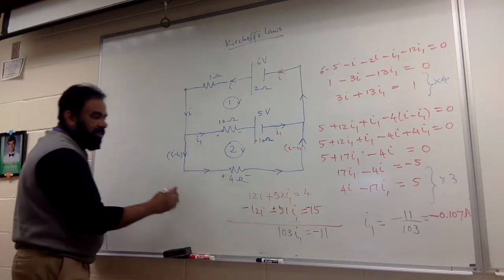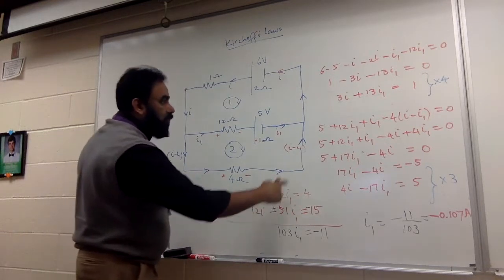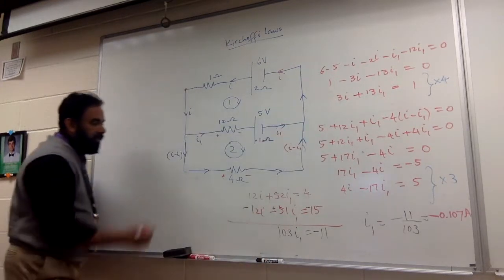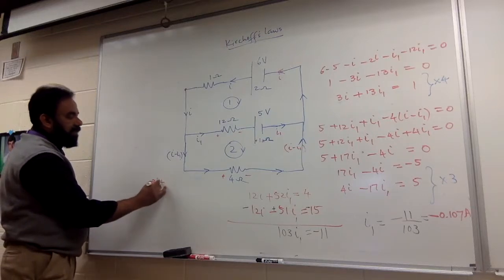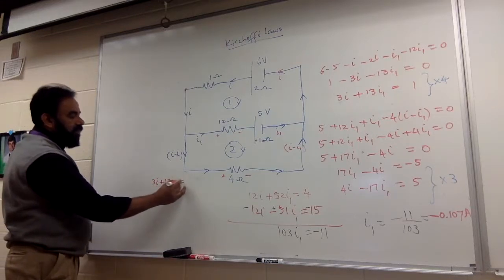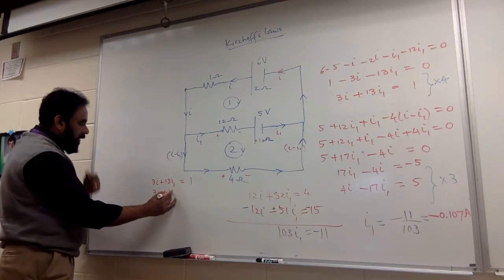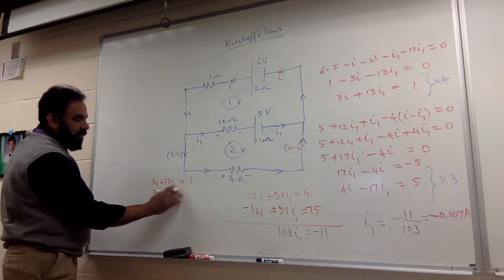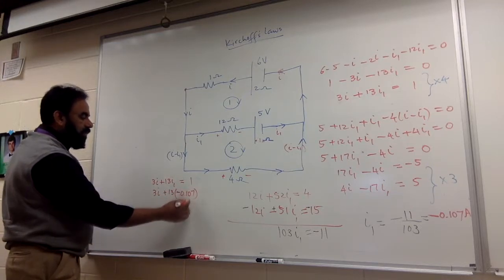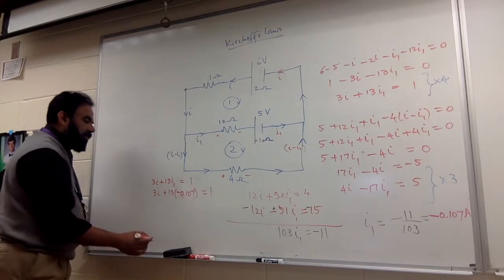So what you do now is substitute that I1 into one of the basic equations. So let's say 3I plus 13I1 is equal to 1. So 3I plus 13 into negative 0.107 is equal to 1.